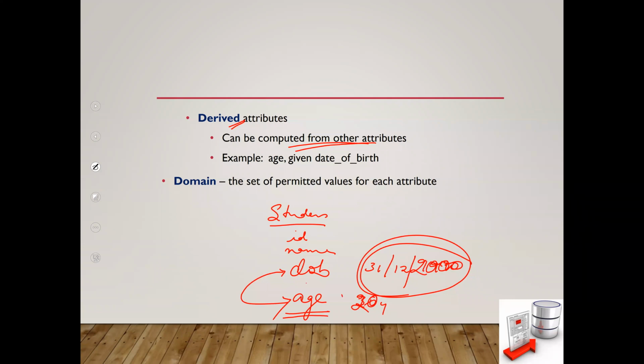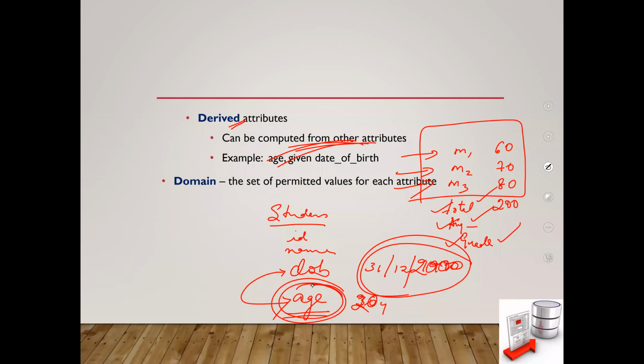So such an attribute which can be computed from another attribute, I call it to be a derived attribute. Now in a chat box, try telling me another derived attribute. You enter all the marks, total, average, grade, all of them are derived attributes.